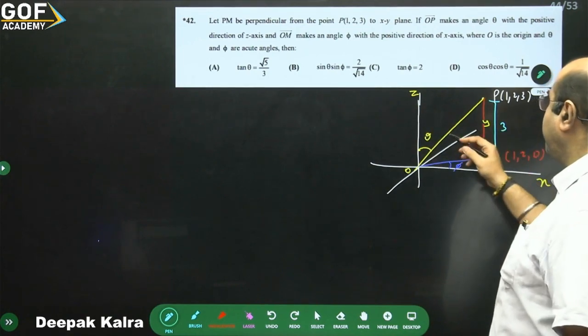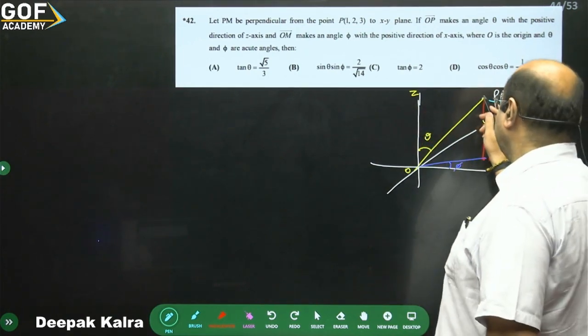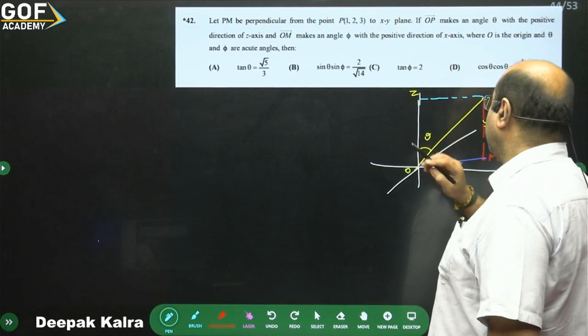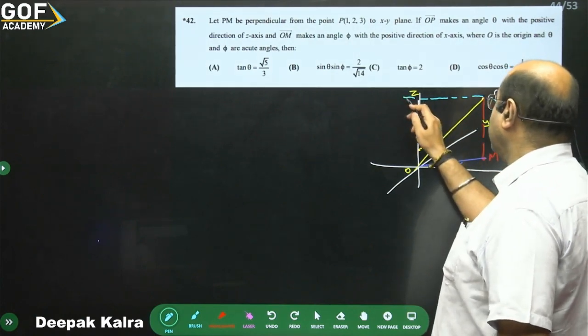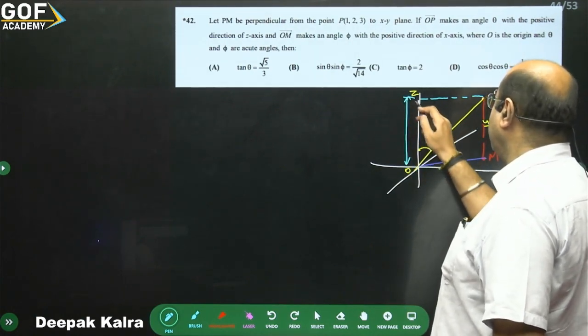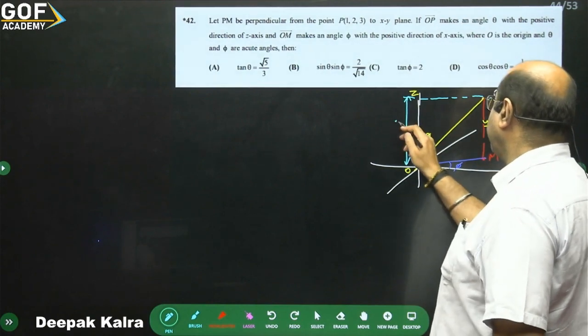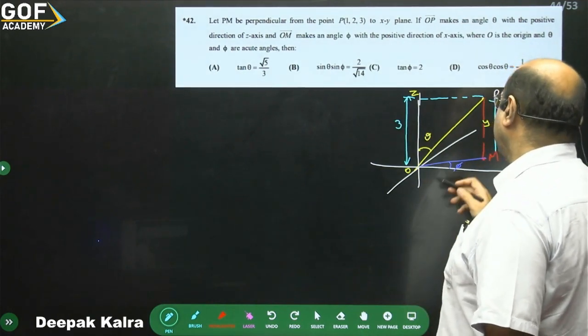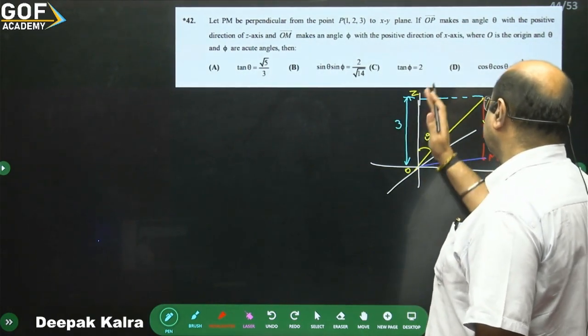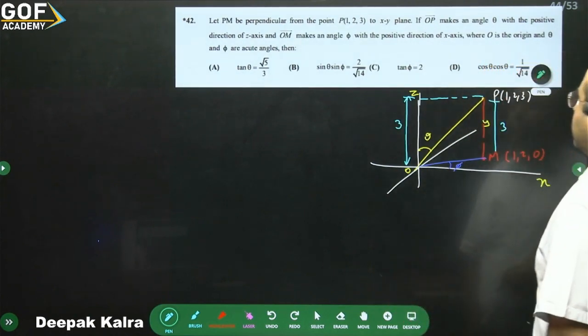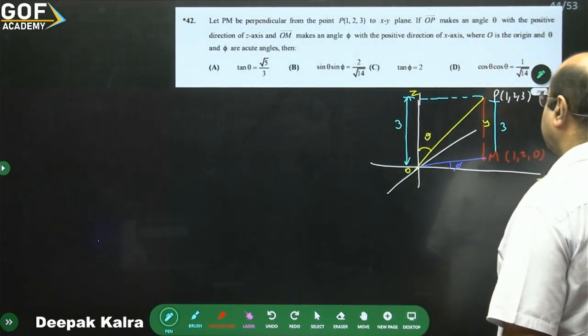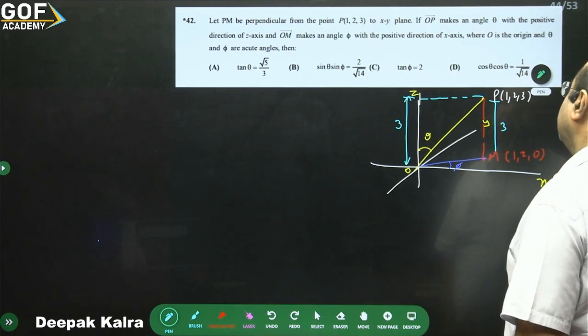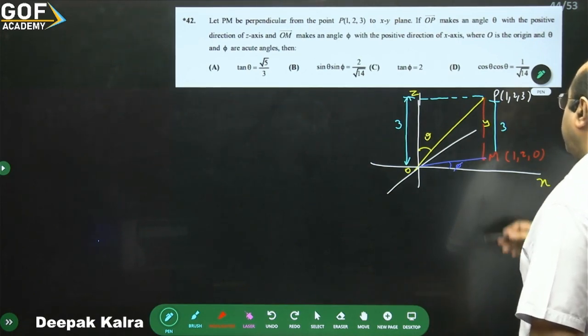Tan theta will be this way. This is my value, obviously 3, and this is on Z axis I have taken. And this value is R.